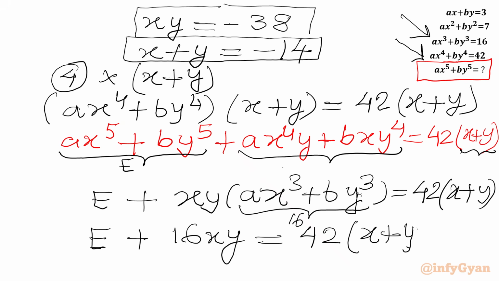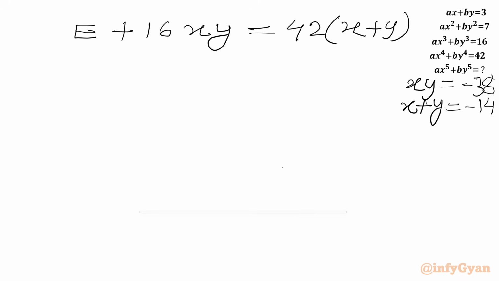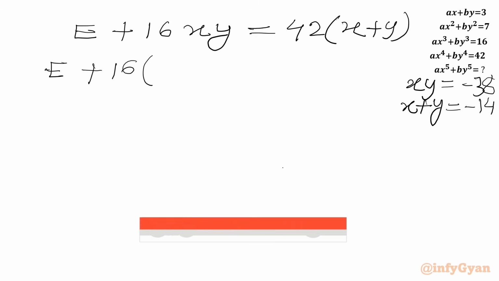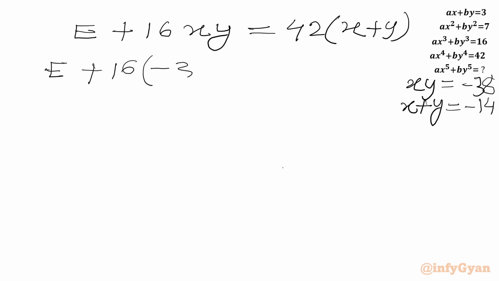Now we will put x plus y minus 14 and xy minus 38. So we will write our equation: E plus 16 times xy, which is minus 38, equal to 42 times x plus y, which is minus 14.